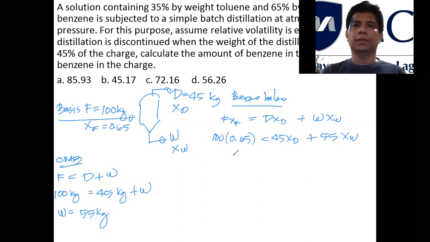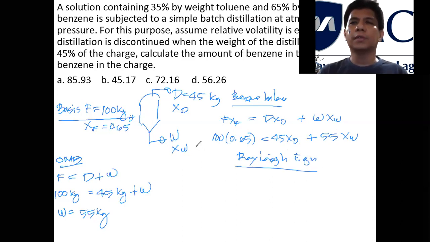So next, let's set up the Rayleigh equation. As you can see, with the benzene balance equation, you cannot solve XD and XW. You have two unknowns. So the only way to solve this problem is to set up the Rayleigh equation.